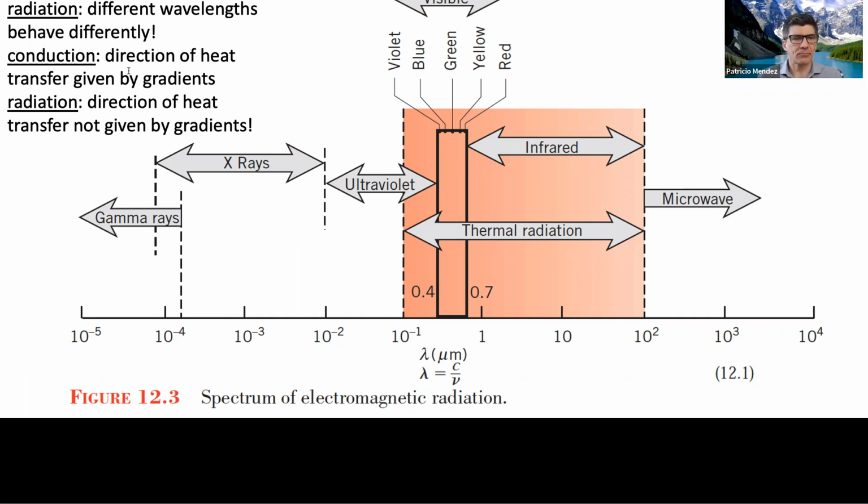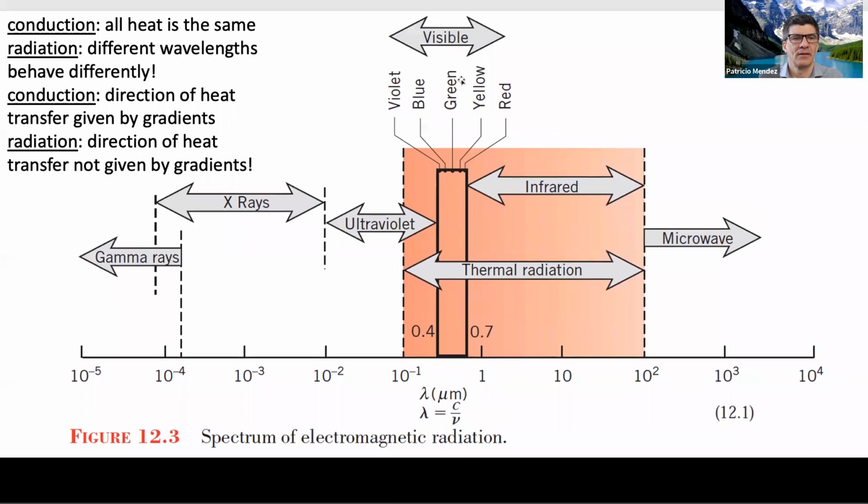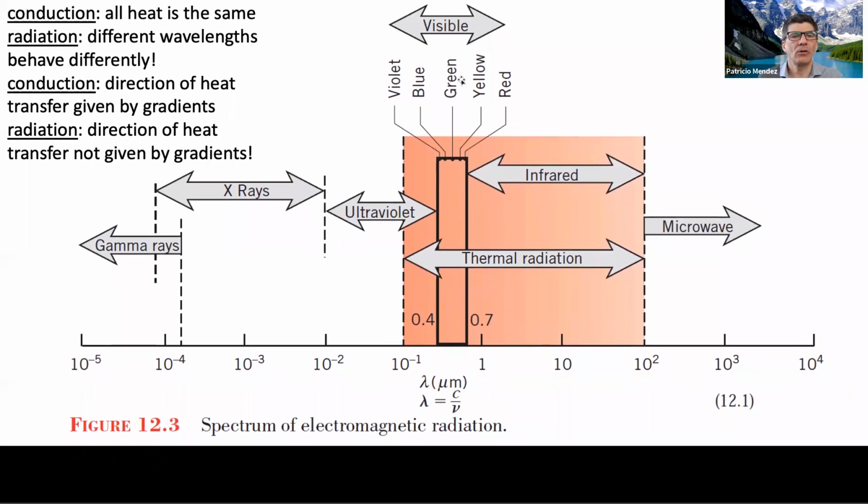Also, in conduction, all the heat is the same. Heat is heat, units, joules, or watts. What part of heat don't you understand, right? But in radiation, no, all of a sudden we don't understand because the heat is not the same if it's transferred with a wavelength of 10 microns or 1 micron.